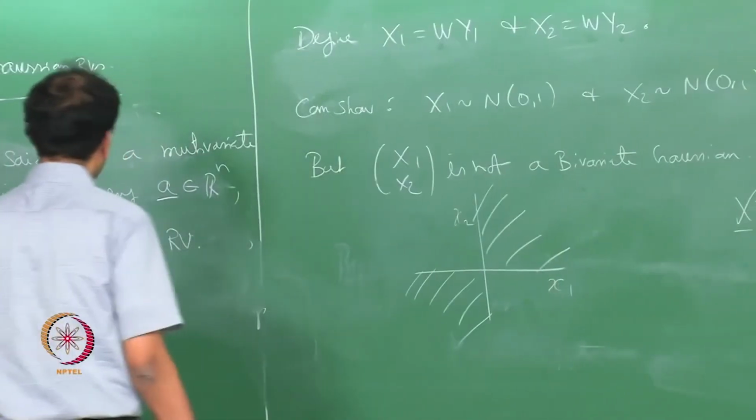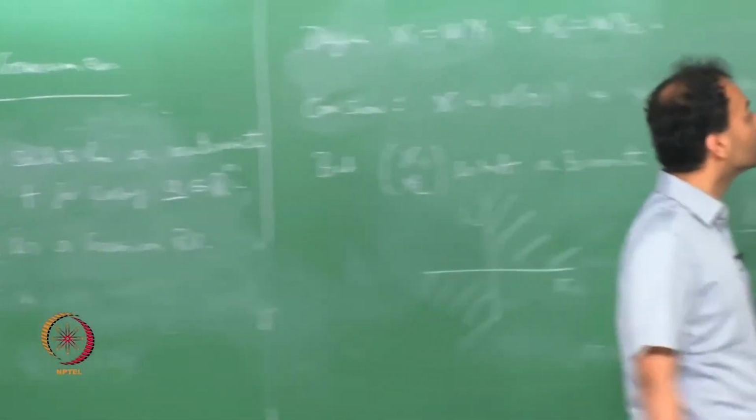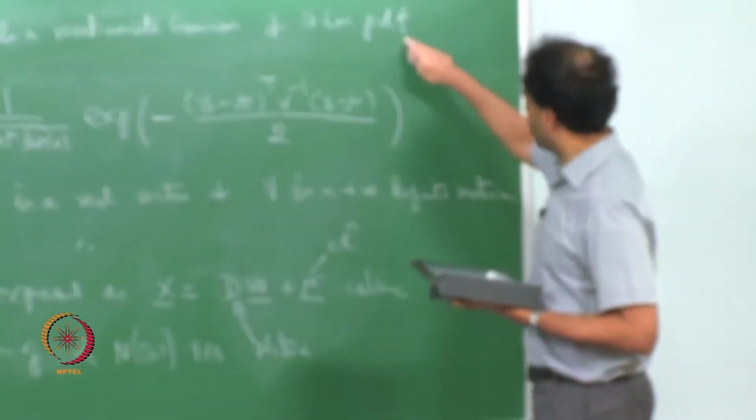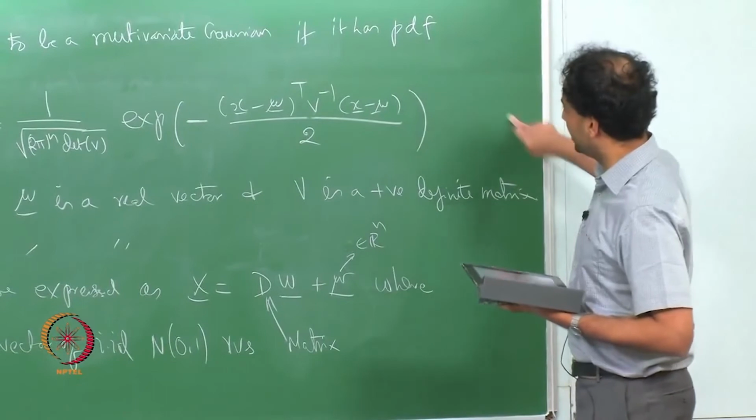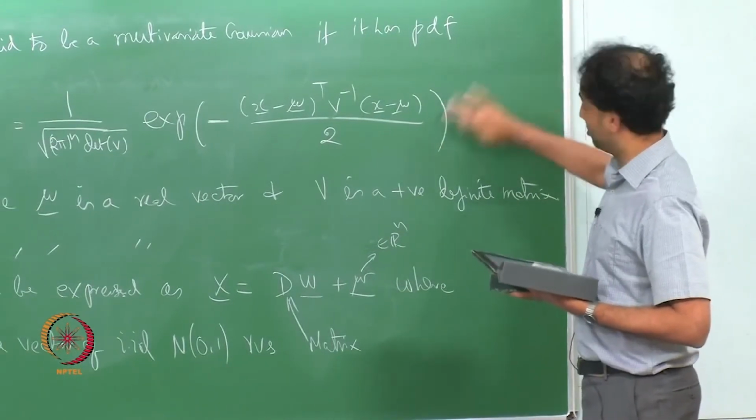Just like in the 2-dimensional case, this covariance matrix V, as I said, contains all the diagonal entries as variances and the covariances on the off diagonals.